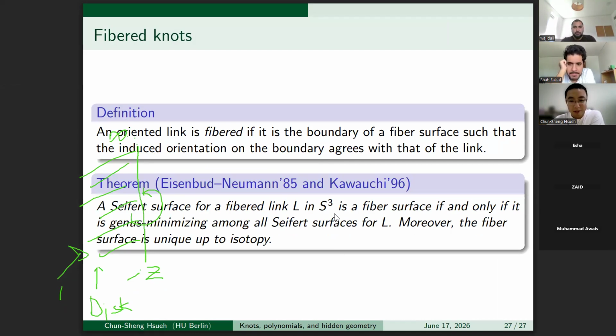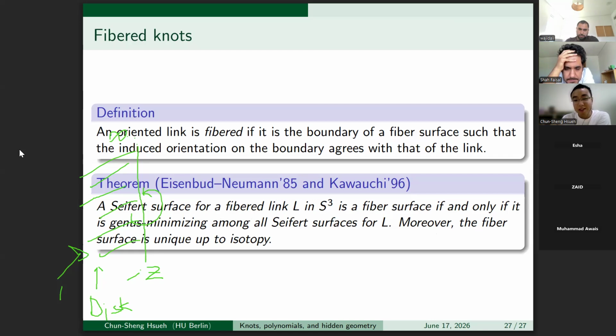So Seifert surfaces are not unique. If you have one of genus k, you can have one of higher genus as well. But a Seifert surface is a fibered surface if and only if it is the genus minimizing one. So this also points out that the genus minimizing Seifert surfaces are particularly interesting, at least if you care about fibered links.